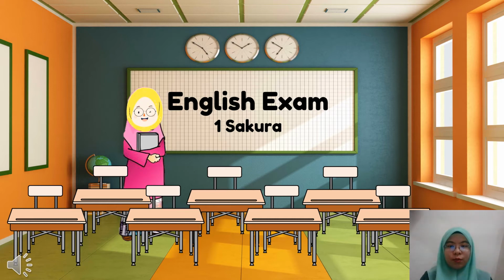Okay, now we are in the class of Wan Sakura and we currently are sitting for English exam. Okay, can you guess where is the student? Okay, here is Amar. So he sits at the front row on the left side.